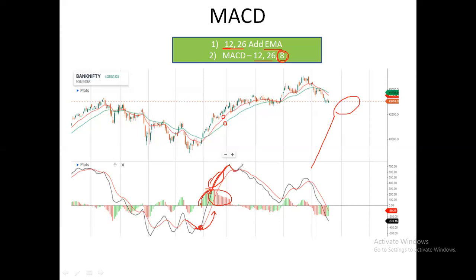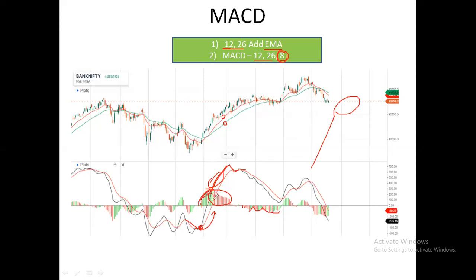And see here, crossover happened for a downside. What exactly happens? Seller side will have a confirmation again, but the momentum gets reduced, and again sellers come, momentum increases, and again momentum reduces, and momentum increases and momentum reduces. So you have to see the momentum.